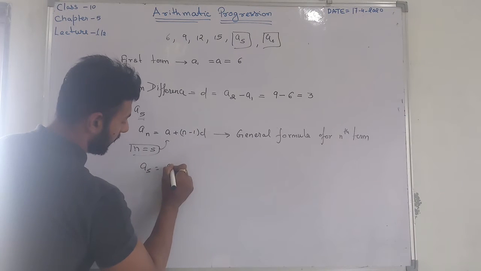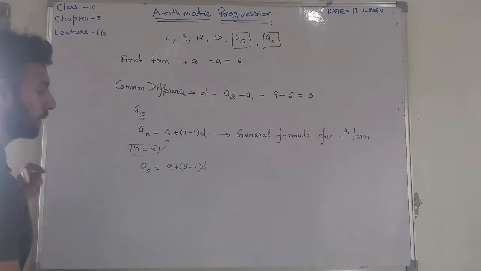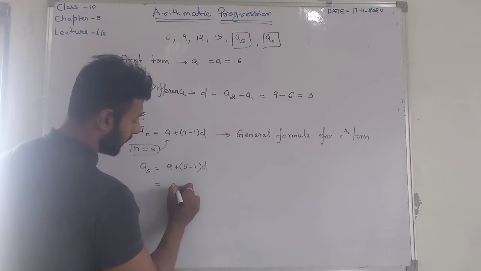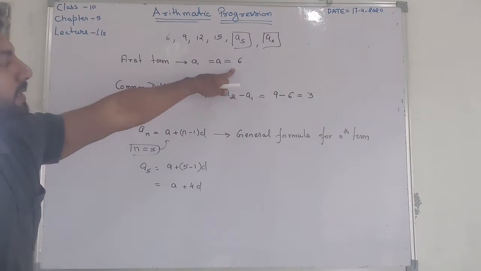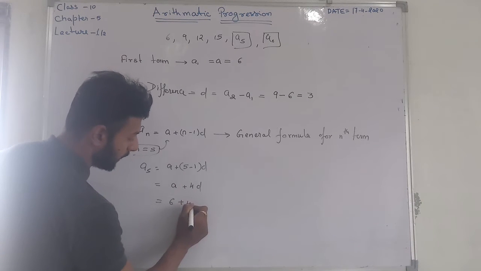A5 is equal to a plus 5 minus 1 into d. 5 minus 1 will be 4. A plus 4 into d. What is A? A is 6 plus 4 into d.